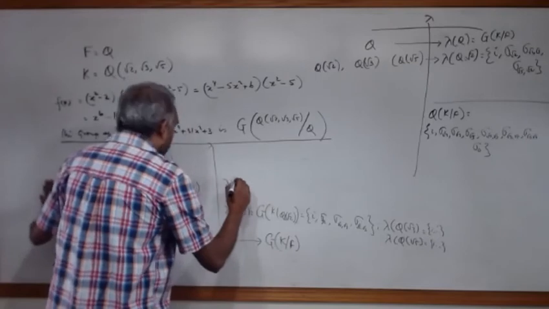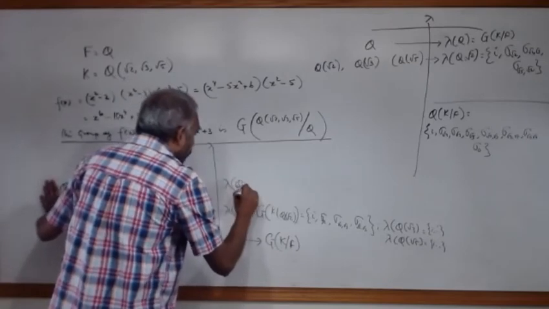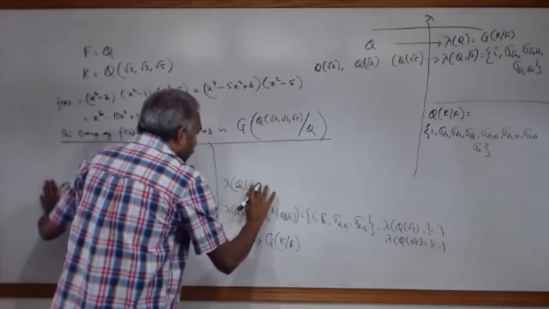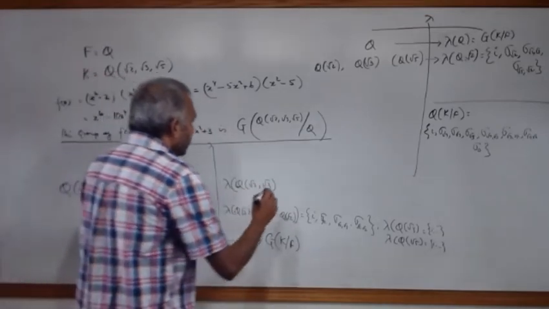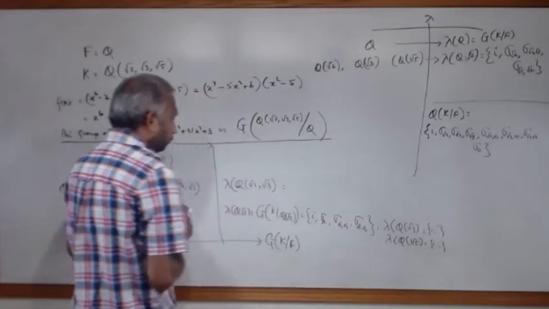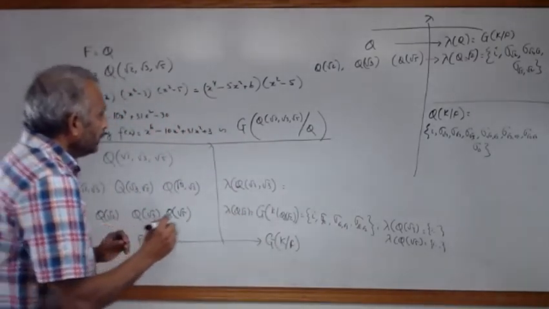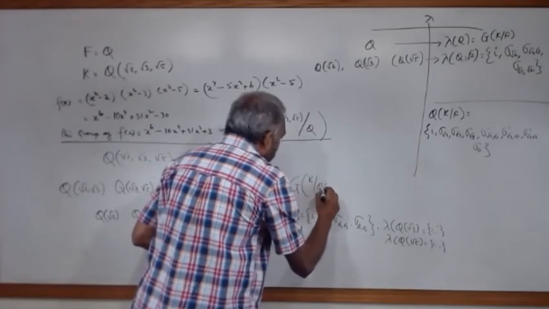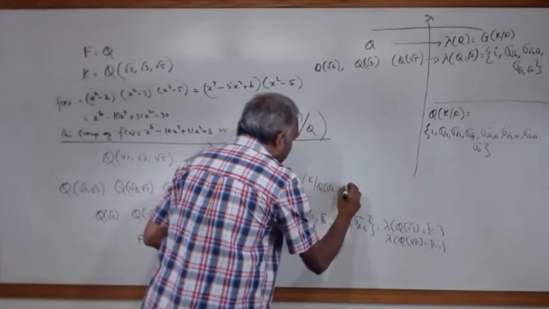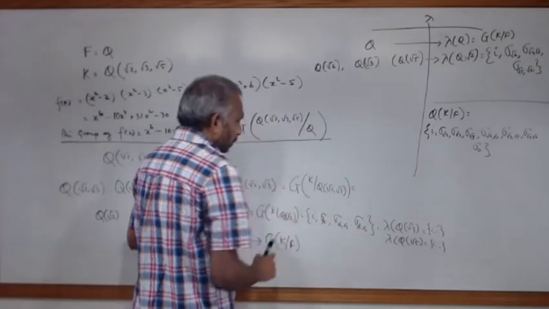This one, lambda of Q root 2 comma root 3 is equal to G of K over Q of root 2 comma root 3, and that is equal to, you have to fix both.